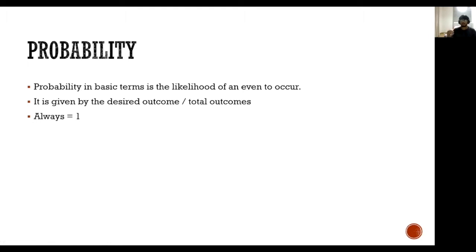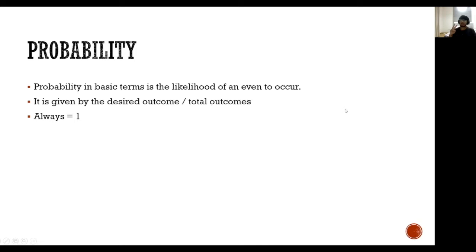An example of this could be flipping a coin. What you would get is either heads or tails, right? So the desired outcome is tails, assuming that that's what we want, and the total amount of outcomes that are possible are heads and tails.